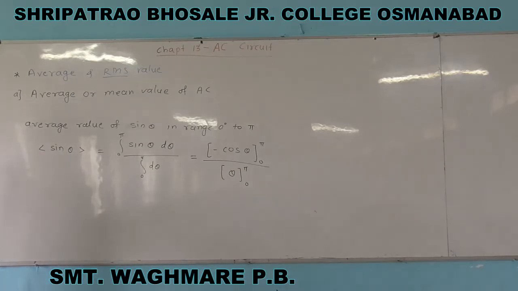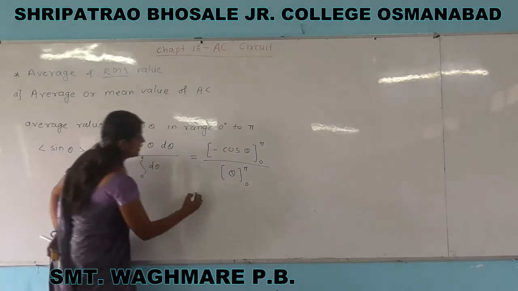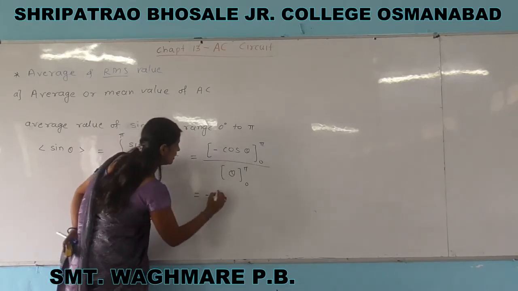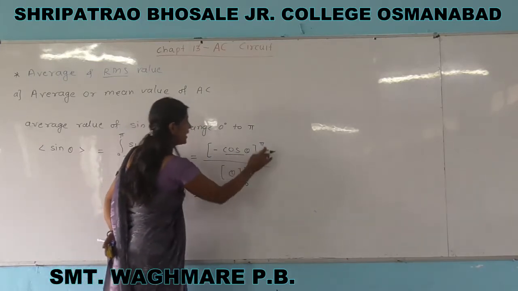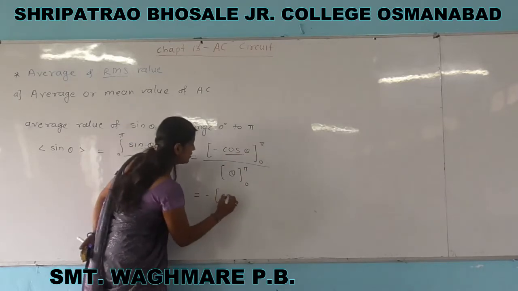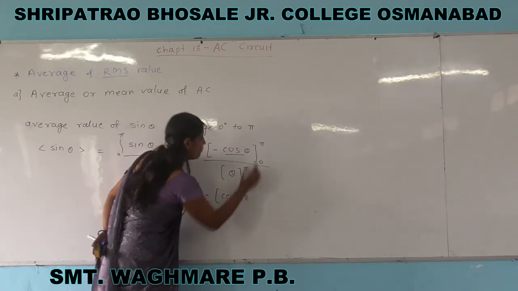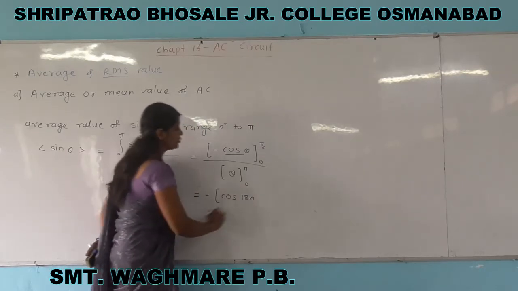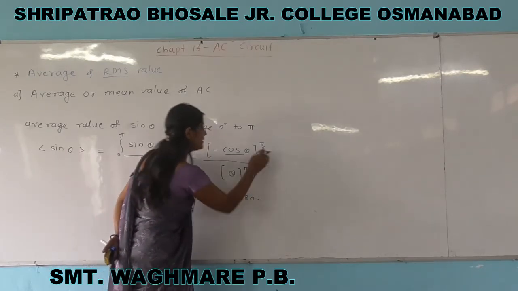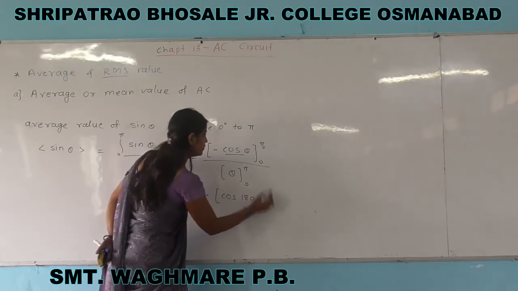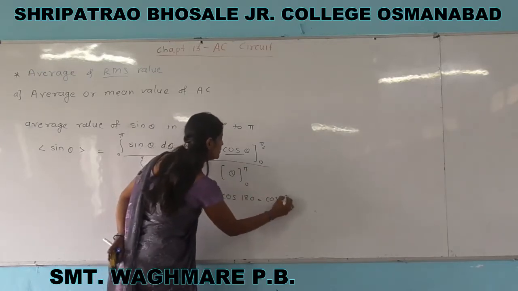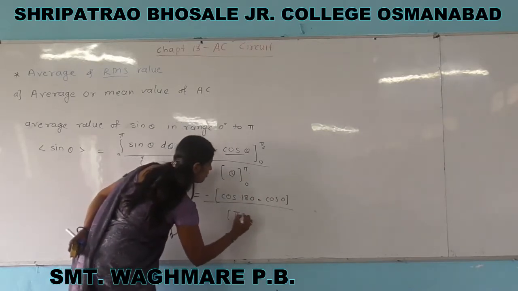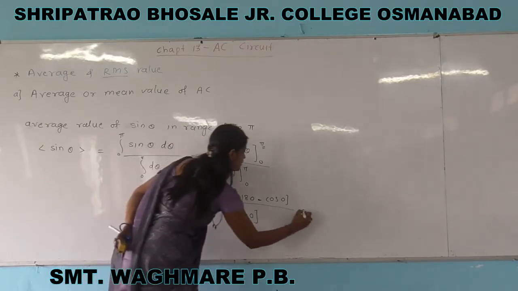We take the minus sign outside. Take the upper value, that is cos pi. Pi means 180 degree. Therefore, we can write cos 180 minus the lower value, that is cos 0, divided by pi minus 0.